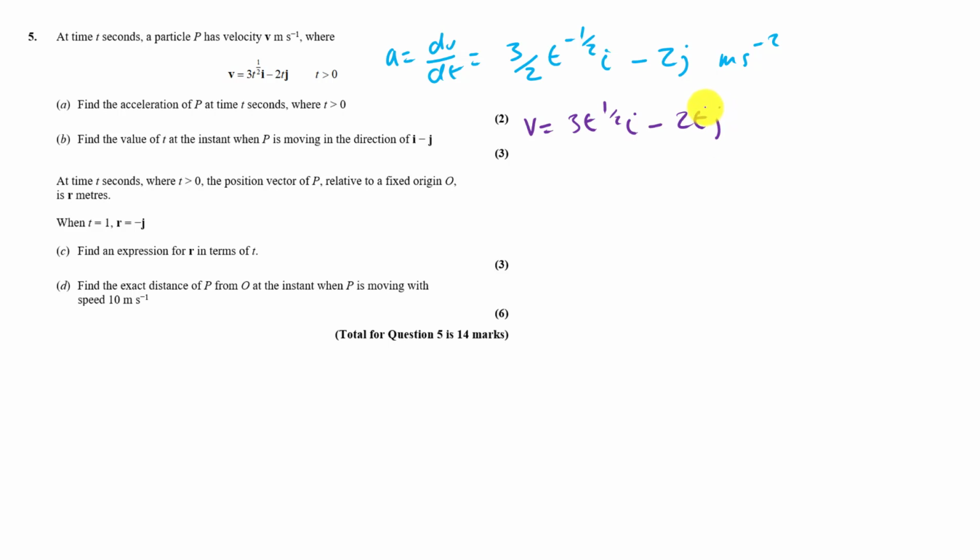Now which way are we going to do this? Find the value of t at intervals when p is moving to i minus j.